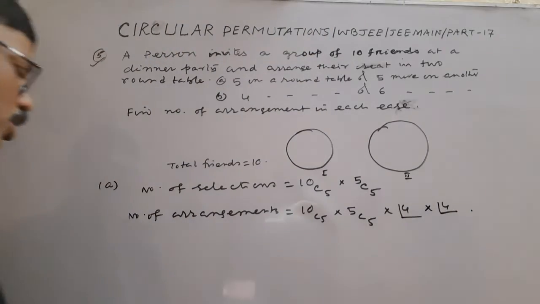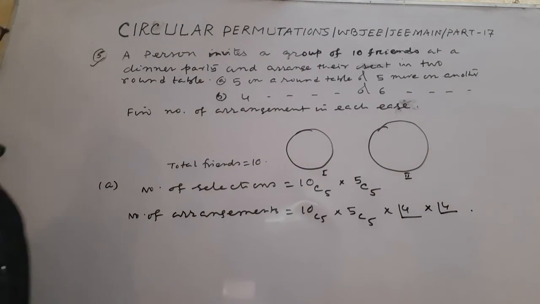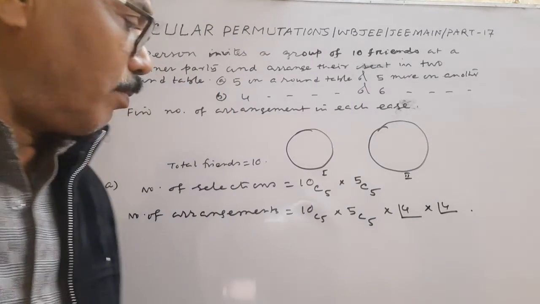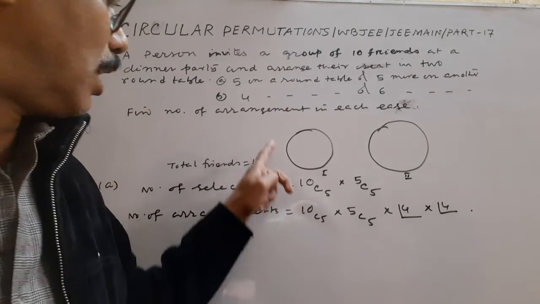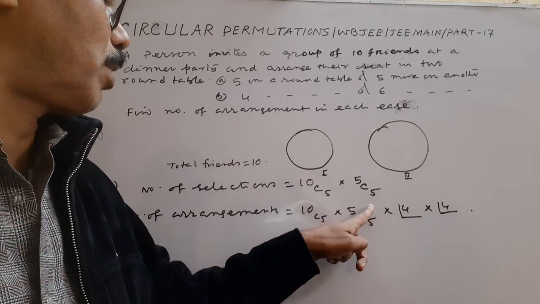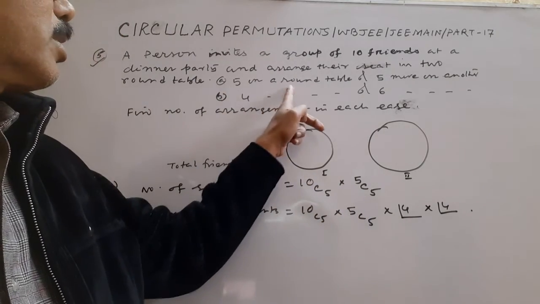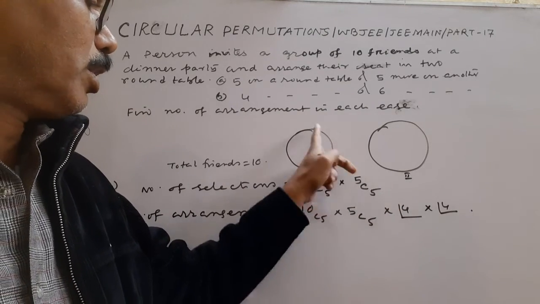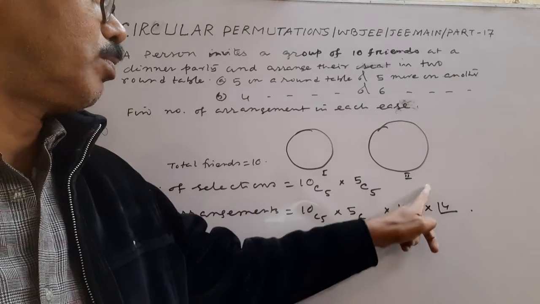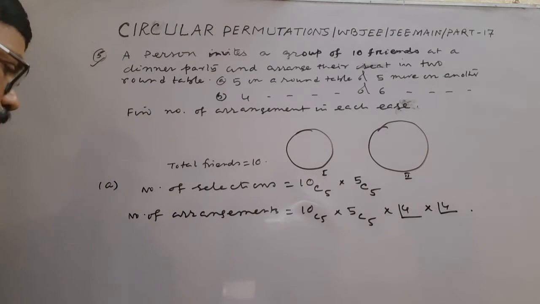Number of arrangements: factorial 4 each. So the number of arrangements includes selection, then arrangement. What is the selection? 10C5 into 5C5. Here there is no restriction. 5 on this round table, so factorial n minus 1: factorial 4 into factorial 4.